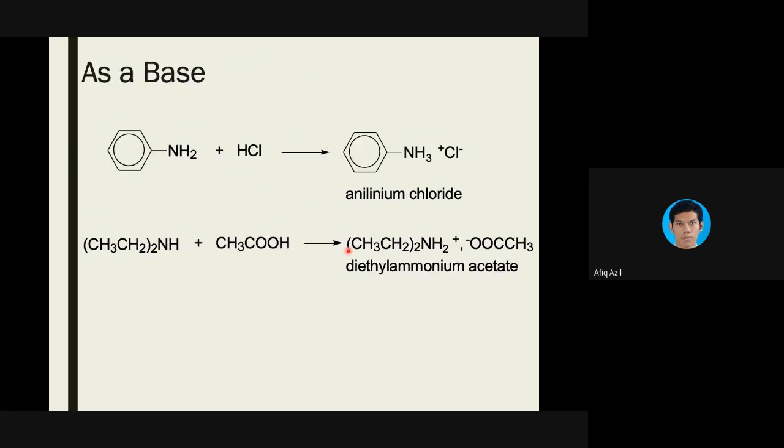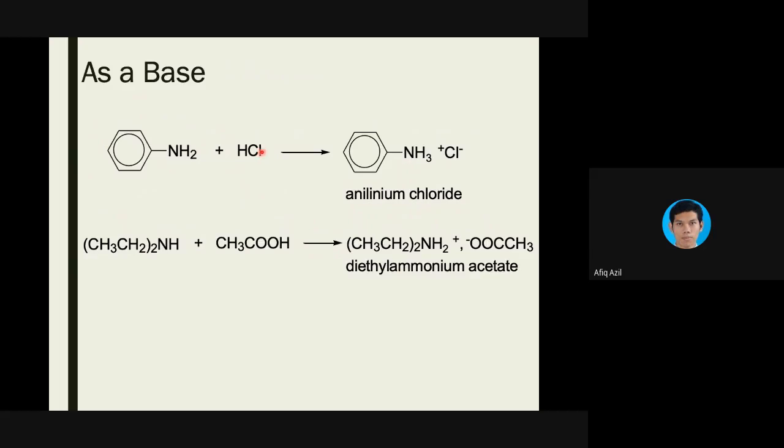So the first type of reaction is as a base. Basically, you just have your amine reacting with an acid. Here is an example of aniline, an aromatic amine, reacting with hydrochloric acid. You are going to end up with a salt structure known as anilinium chloride.